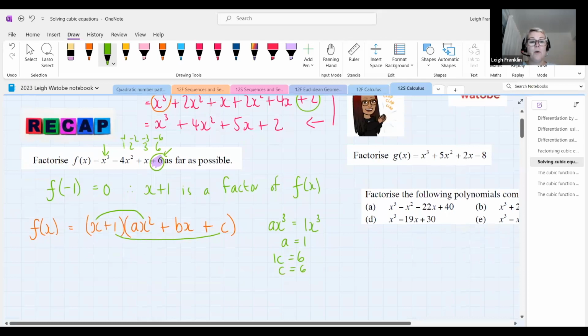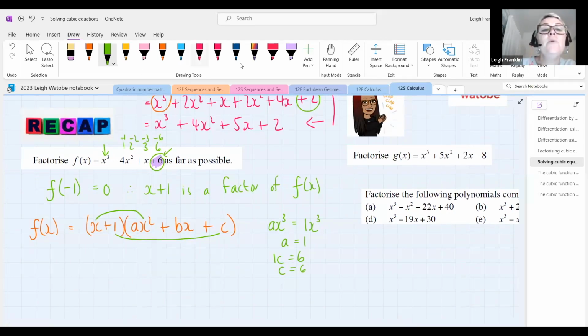The more difficult part is trying to work out the value of b, all right? The value of b comes from two places. You have to multiply the x in the first bracket with the bx in the second bracket. That gives you bx squared. Then you also have to multiply the 1 in the first bracket with the ax squared in the second bracket.